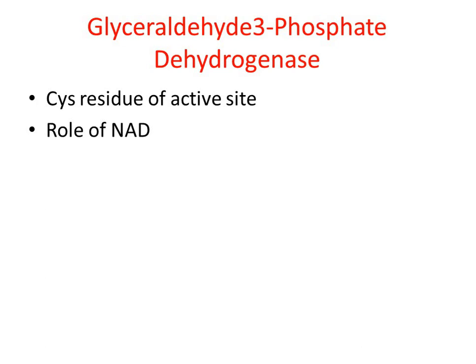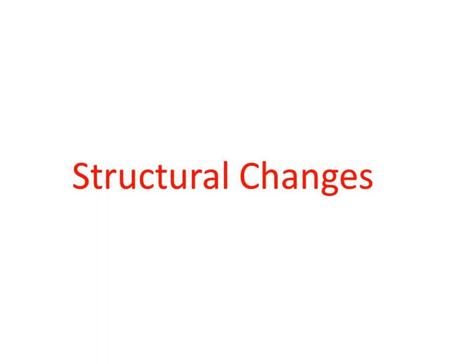The nucleophile is the sulfhydryl group of a cysteine residue at the active site. The active site cysteine has a reduced pKa of 5.5 instead of 8 when NAD is bound and is more reactive as thiolate. We will see the structural changes taking place in this reaction.